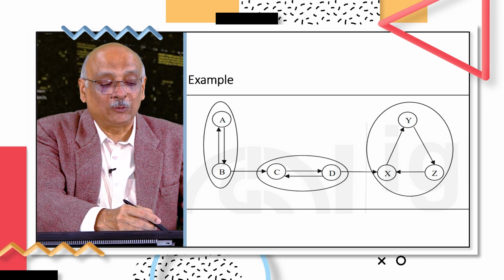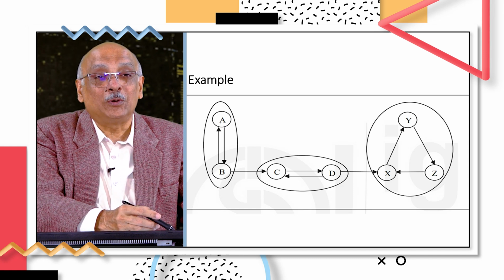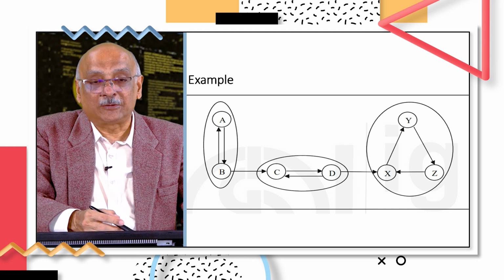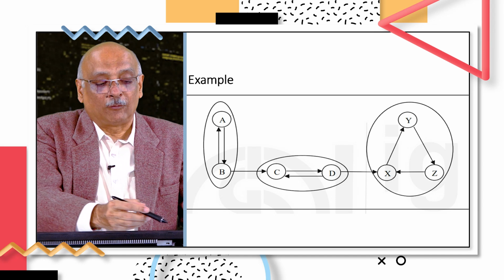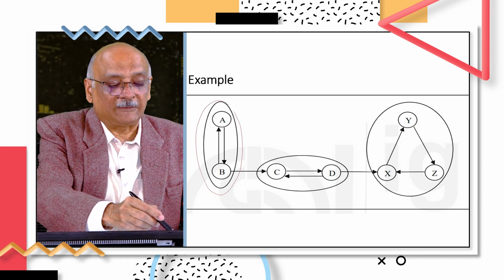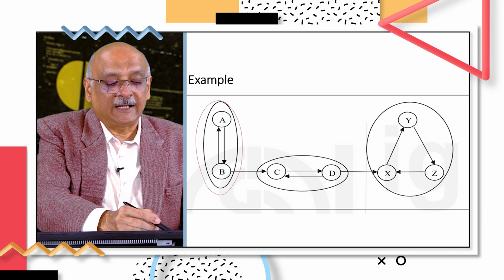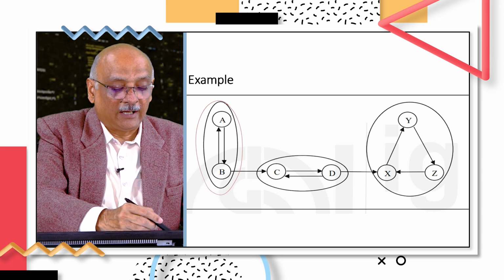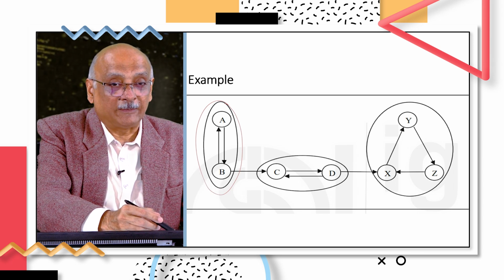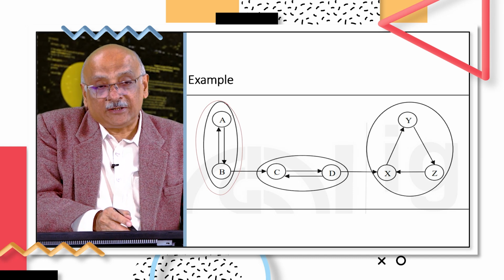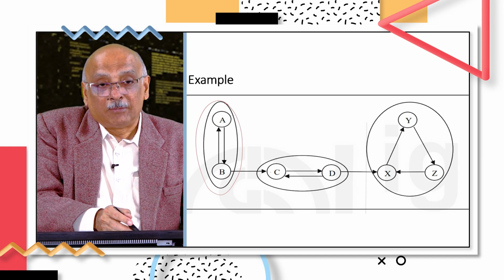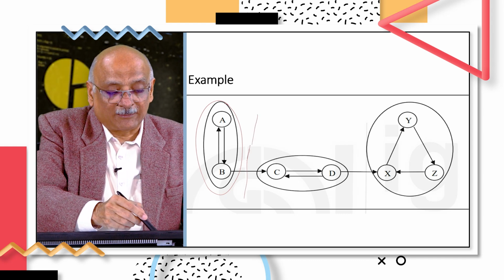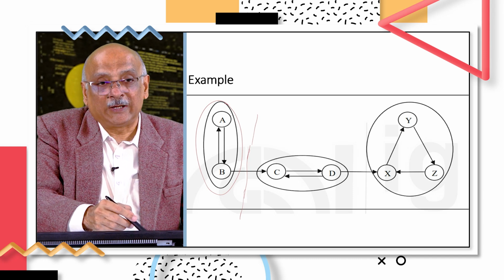There is an edge from A to B as well as an edge from B to A. Then there is an edge from B to C, then C to D and back to C. Looking at the pair AB, there is a direct path from A to B, as well as a path from B to A. However, if we look at B to C, there is a path from B to C, but no path back from C to B. So this portion is moving in only one direction.